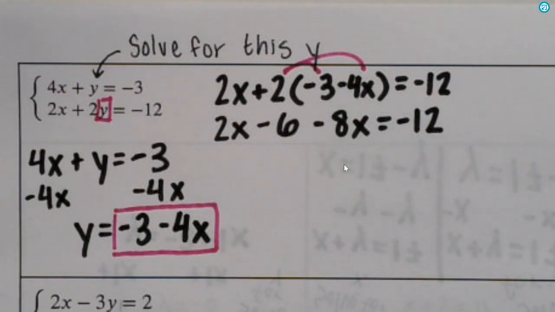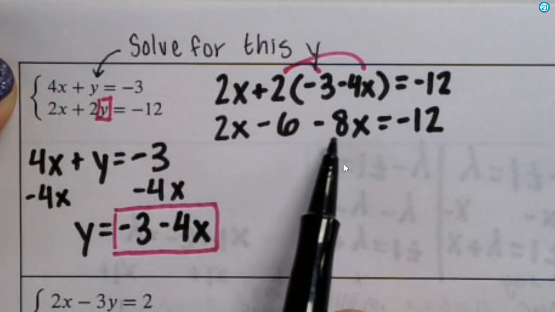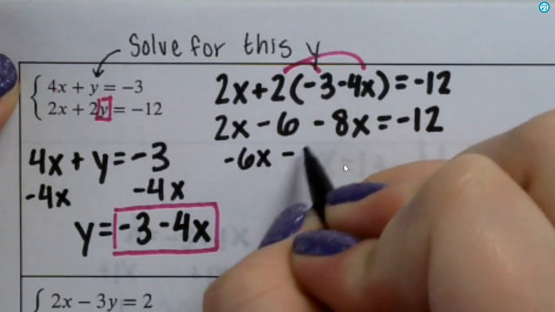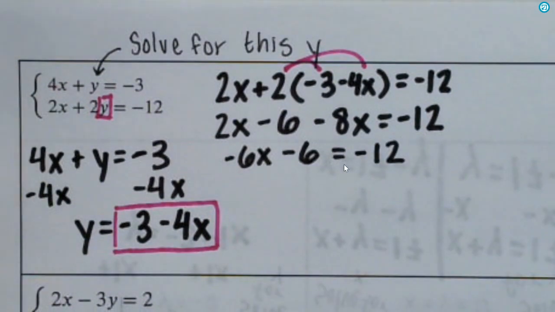Okay, so we distributed. Our next step would be to combine like terms. So we're going to combine together the 2x and the negative 8x. So 2x minus 8x is negative 6x minus 6 equals negative 12. And then from here, it's just a two-step equation.